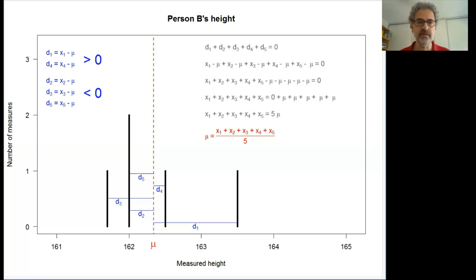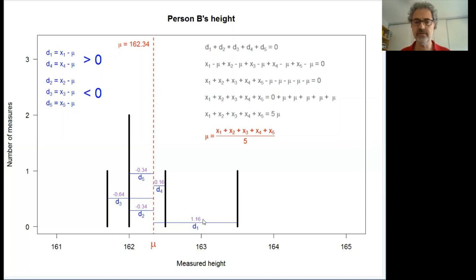That is, the positive and the negative distances exactly balance out. Remember, we started by just drawing these distances and this line, but not giving them any value. The value is derived from the measurements after we demand that they all add up to 0. So this is how the mean arises. And its actual value in this case is indeed 162.3.